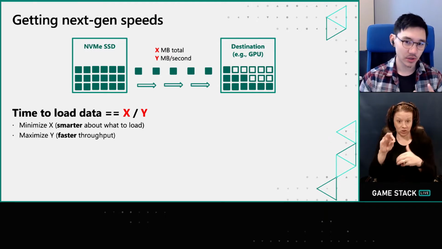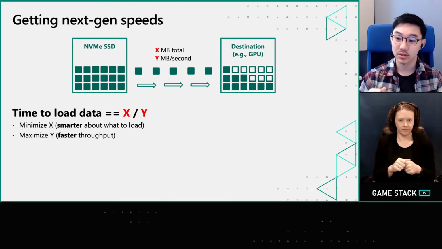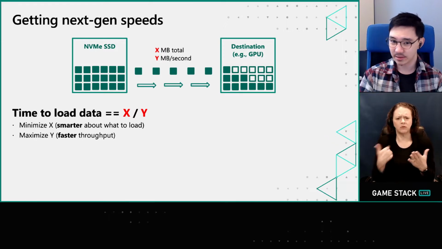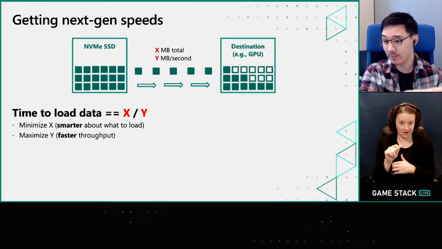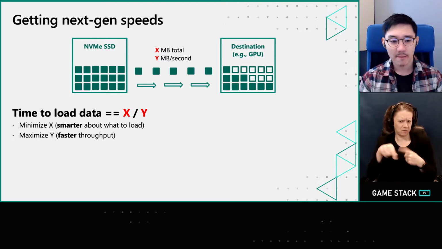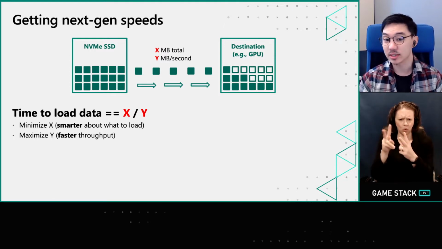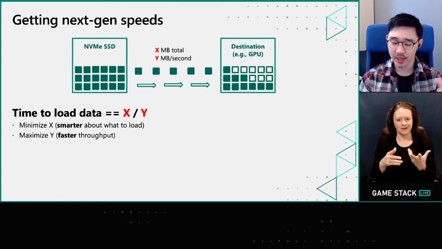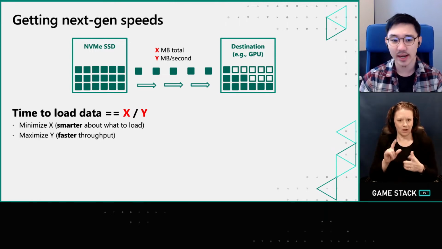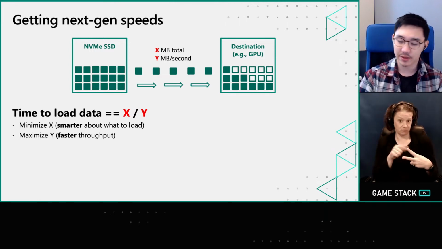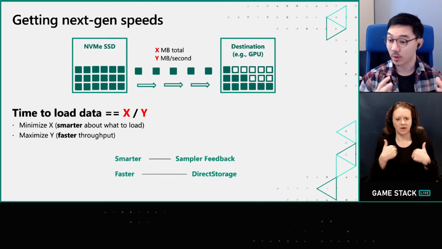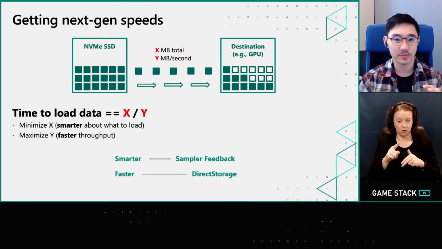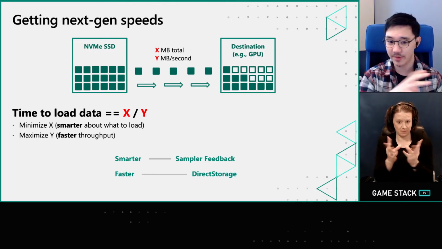There are two things you can do to minimize load time. You can minimize X, the amount of data, which we consider being smart about what you load, only loading what you need. Or you can maximize Y, which is increasing the throughput. By minimizing X or maximizing Y, you can reduce your load time. There are two features that we've built in the DirectX family for this. To help your engine be smarter, we've created sampler feedback.